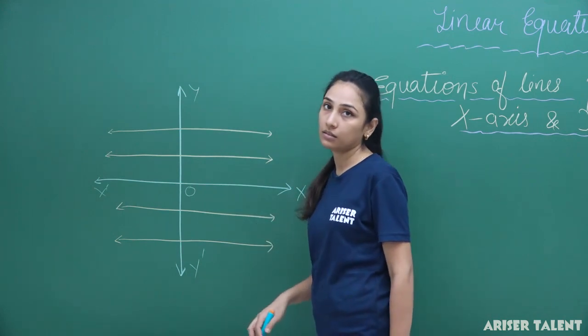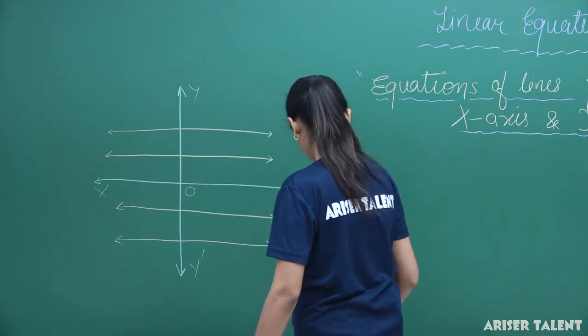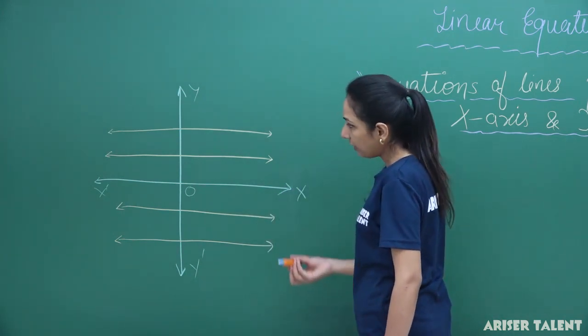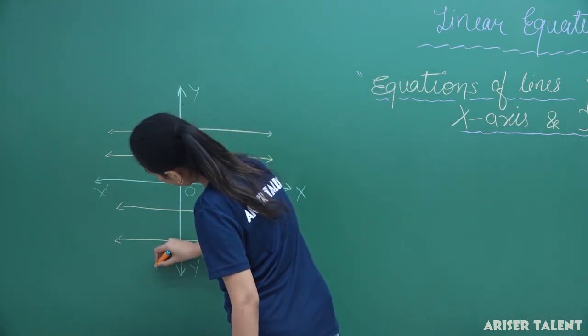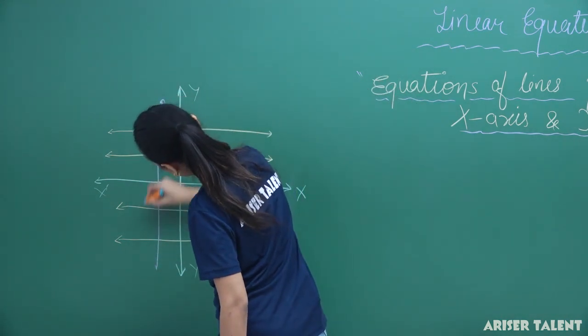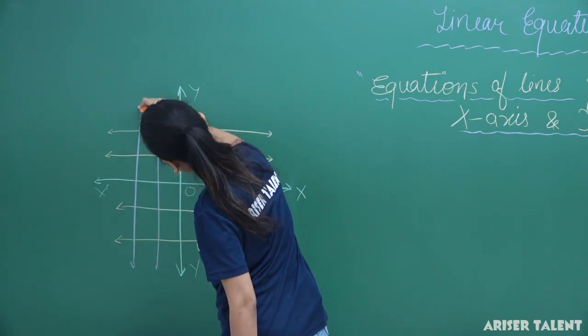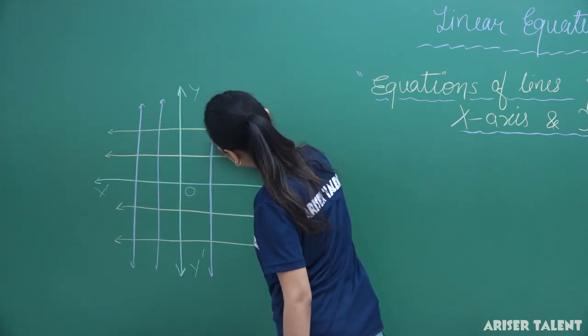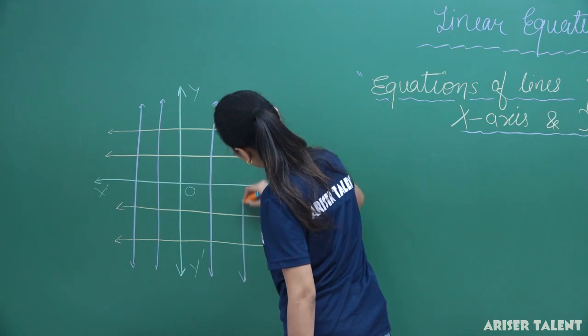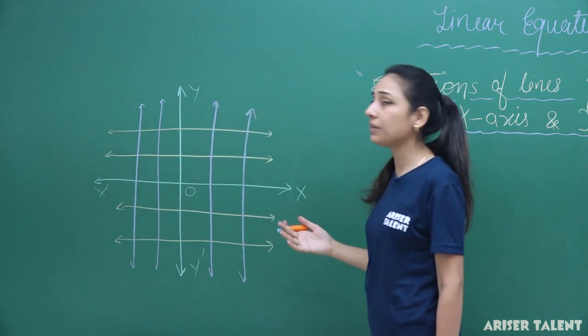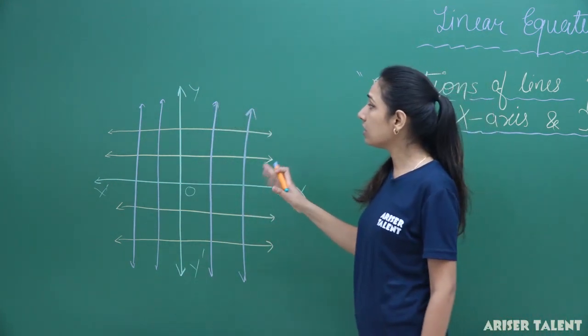Parallel to x-axis. Okay. Now, if I tell you that I am having this line or this line or this line or this line, so infinite lines there can be parallel to this y-axis.